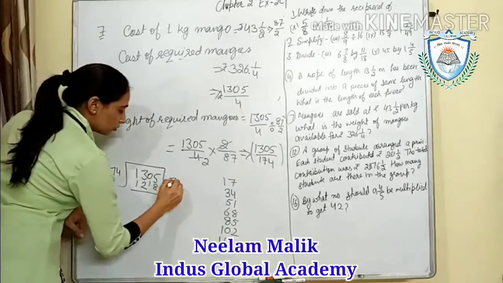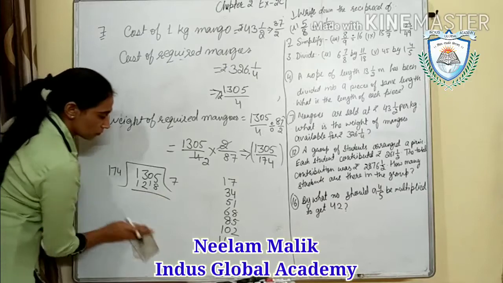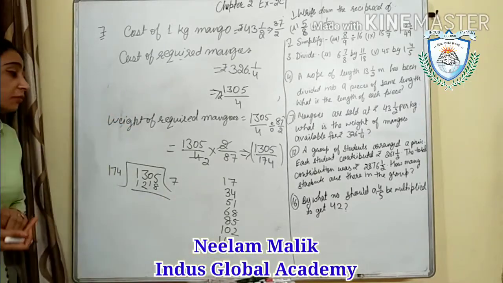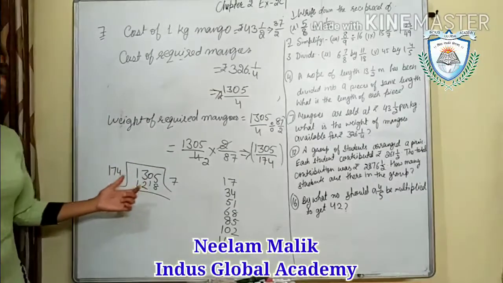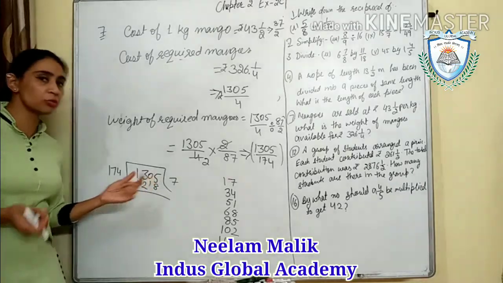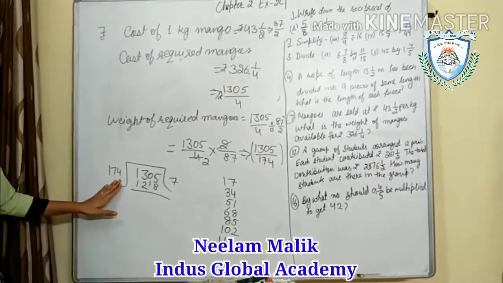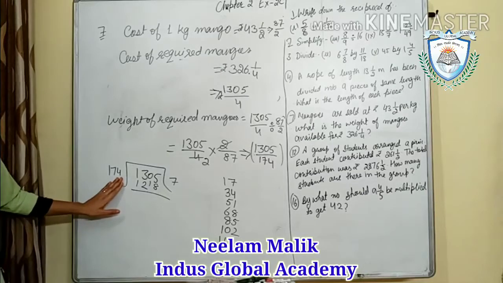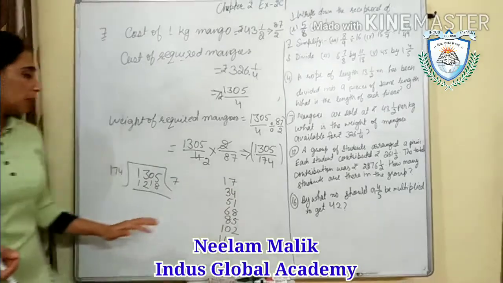So that means we have gone to 7. Why have I written the table of 17? For judgment, so that I can judge by which number I must multiply so that I can reach near to this. So that is only for checking. You can write it, but there is no need to write the table of 174. You can check that by hit and trial.